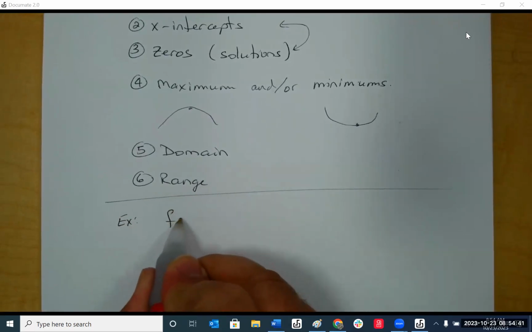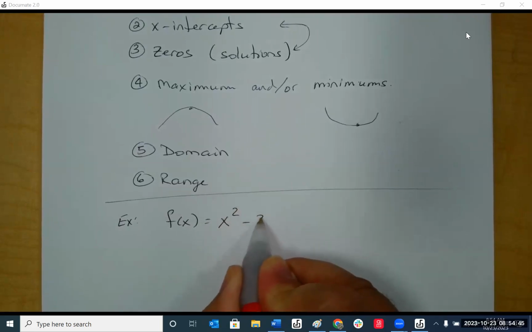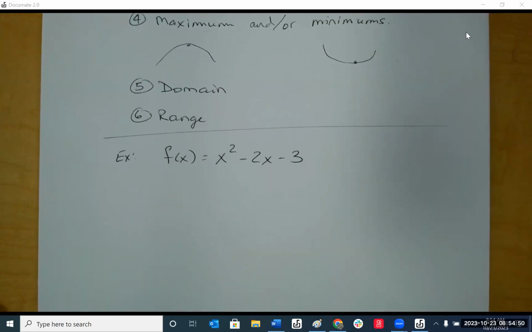Here's an example. Find me the solutions. Find me the x-intercepts. Find me the zeros of this equation. How would you do it?